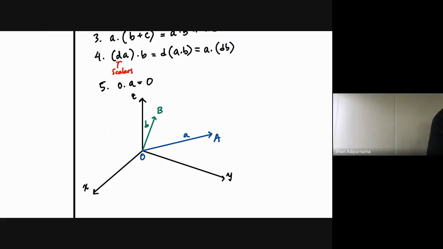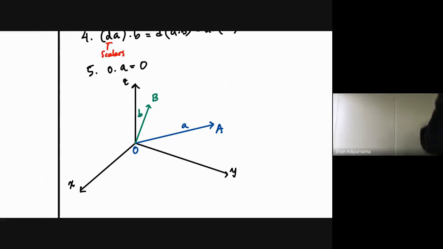Okay, let's say we want to observe what is the product from A dot B. So from vector A and then vector B, we multiply both of them. To observe this situation, we can apply some angle between these two vectors.